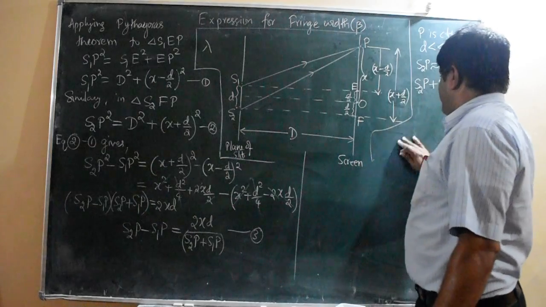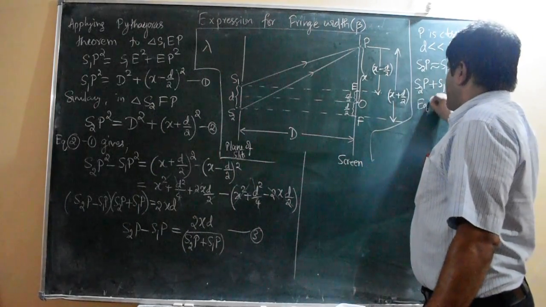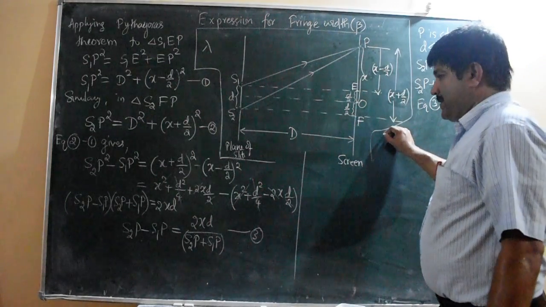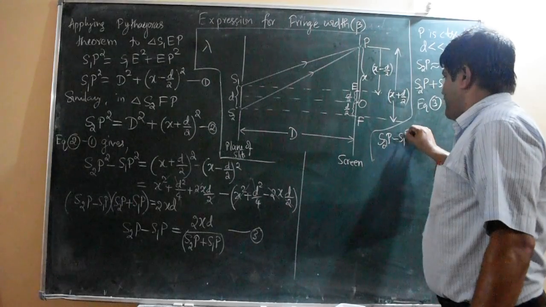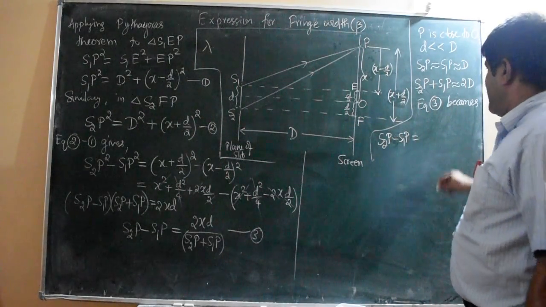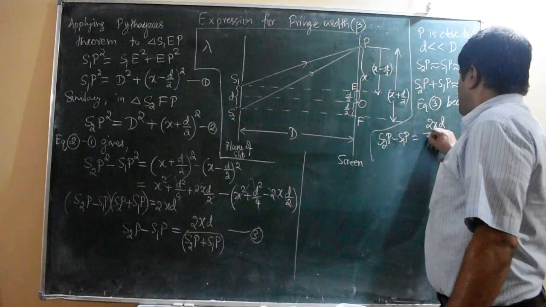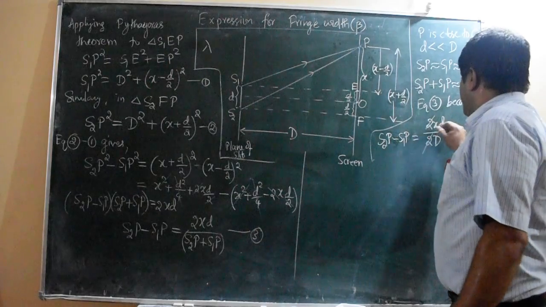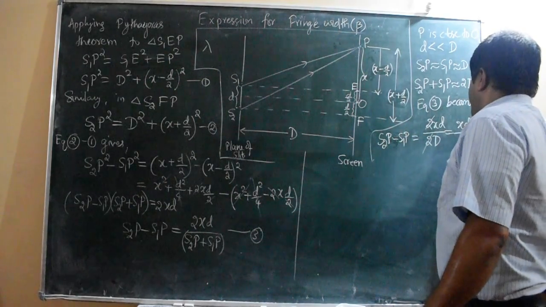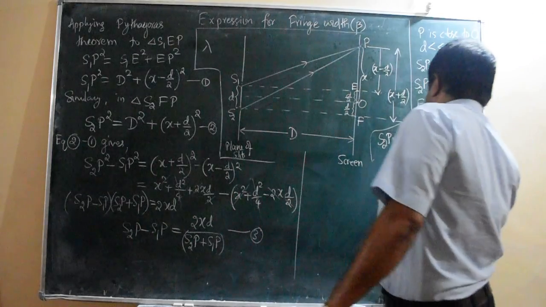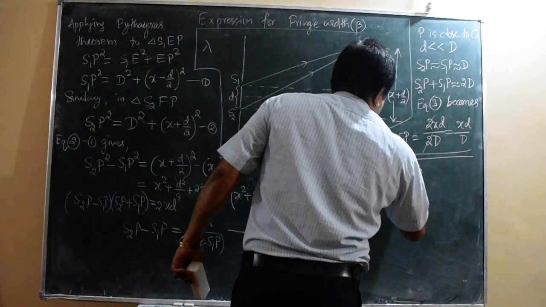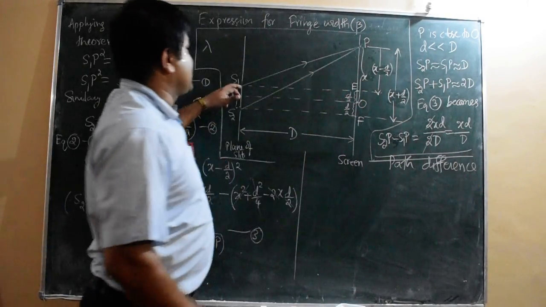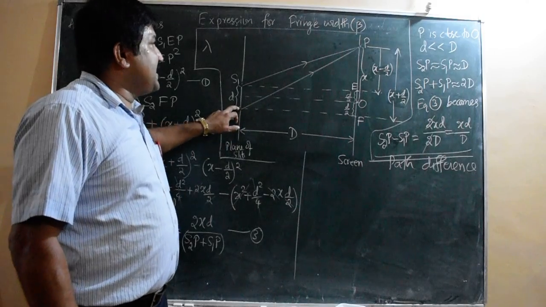So then what happens, equation 3 becomes S2P minus S1P equals xd by D. Now, what is this difference? Light is going from the slit S1 and also from the slit S2.